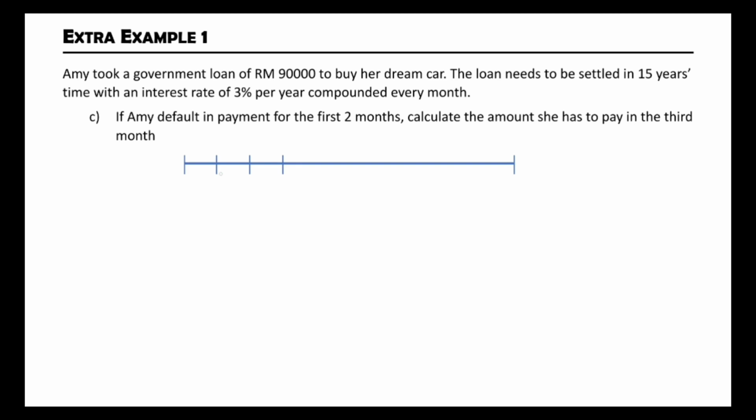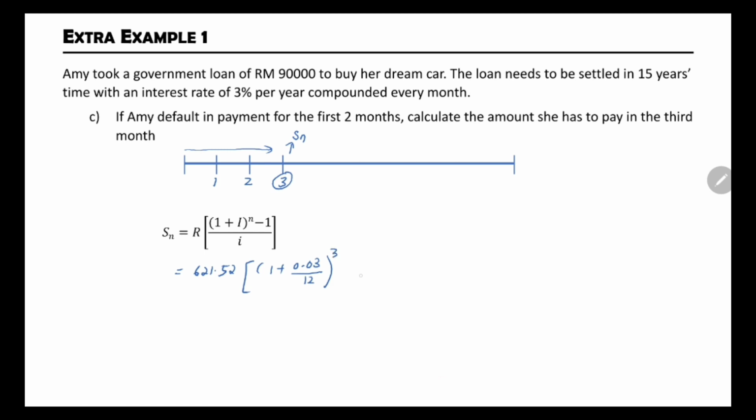C, if she defaults in the first 2 months, calculate the amount she has to pay in the third month. She's supposed to pay in the first 2 months and she missed, so the amount in the third month is dragging the first 2 months behind. So the total amount will be SN equal to R times (1 plus I) power of N minus 1, over I. R is 621.52, I is 0.03 over 12.